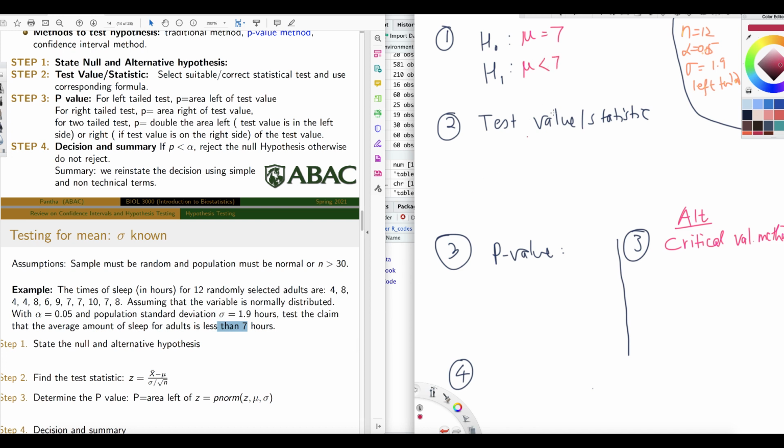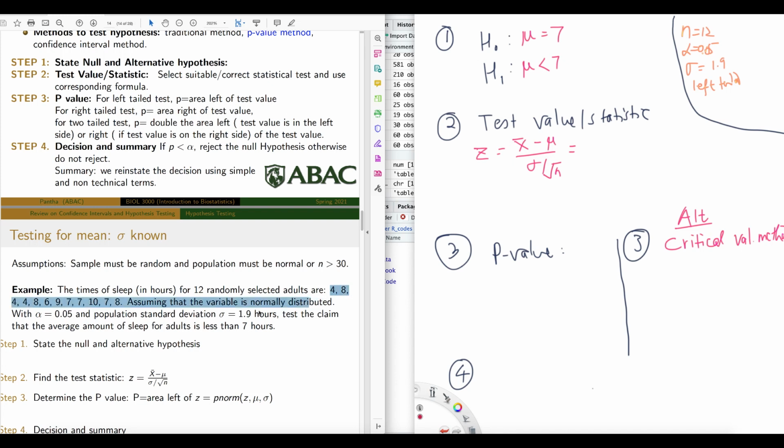Now what is the test value? The formula for the test value for a mean when the population standard deviation is given is z equals x bar minus mu over sigma over root n. What is x bar? X bar is the sample mean, so you need to find the mean of the data. You add them and divide by the number of data, which is 12.